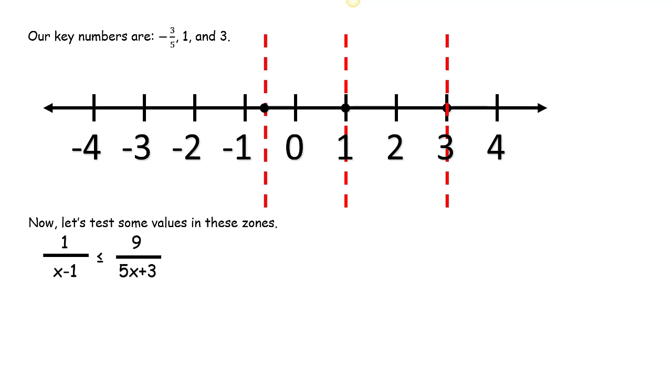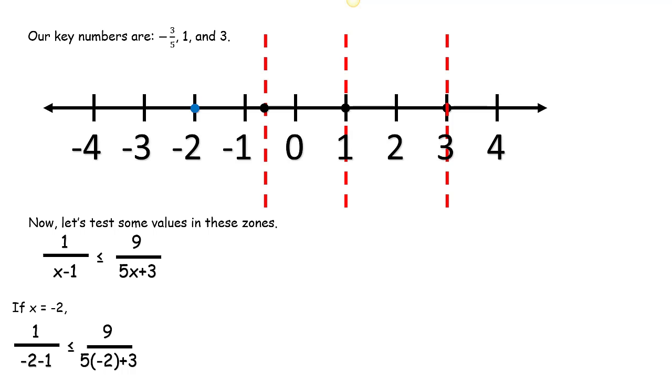So here's our original equation that we were given from the beginning, our original inequality. And so if x equals, say, negative 2, I just picked any value less than negative 3/5. I could have used negative 1. I'm using negative 2 here for emphasis. So what that means is I'm going to plug in negative 2 into the problem that I'm given.